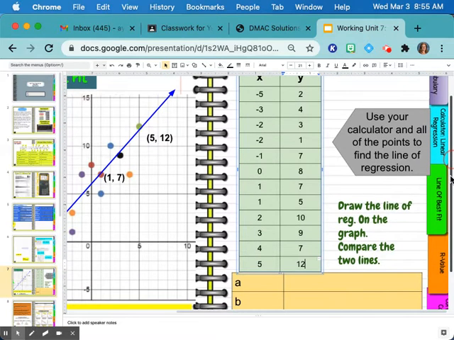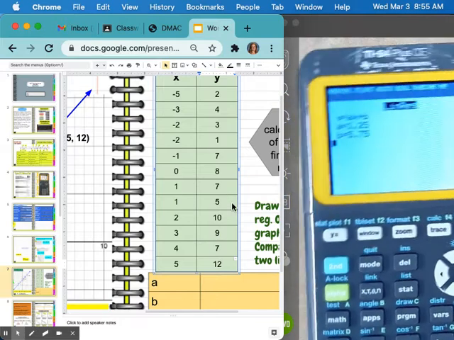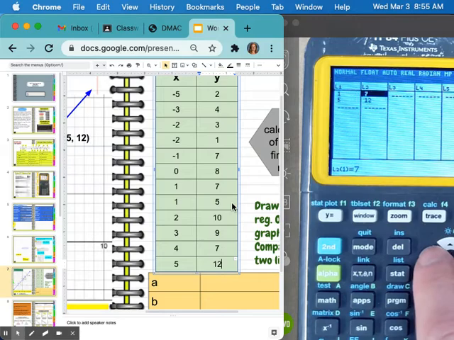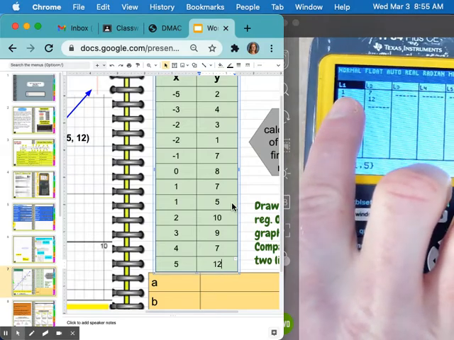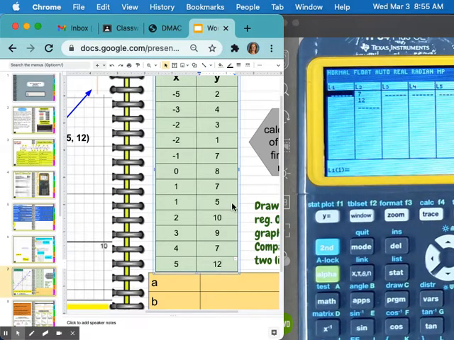So let's use our calculator to find our line of regression using all of the points. Oh my God. So we got to put all these into L1, L2. So go back over to stat, edit. If you want to change these, go up to L1. Look at mine. I'm hovered over L1 and I'm going to hit clear, enter, and it clears everything in that column.